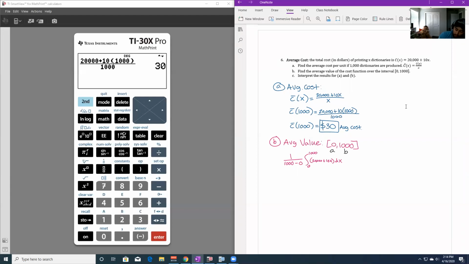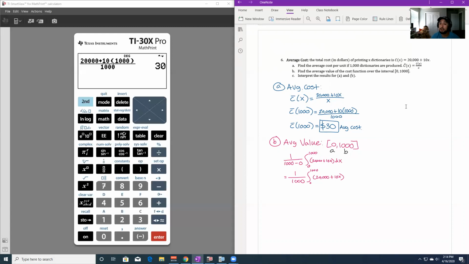And I'll get 1 over 1,000 times the integral on 0 to 1,000 of 20,000 plus 10x dx.